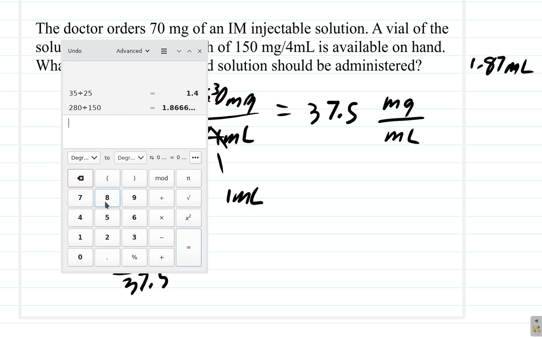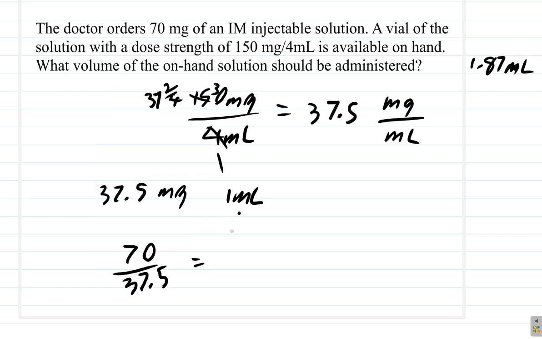If you put 70 over 37.5, you get 1.87. So it's 1.87 milliliters. Alright?